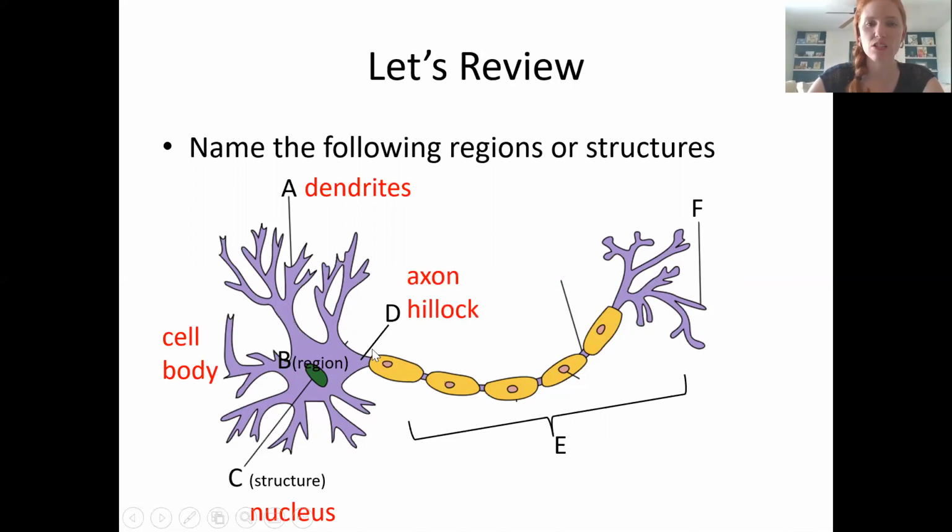That's called the axon hillock. So if this is the axon hillock, this must be the axon. And then the very, very ends of the axons are called axon terminals. Okay, so remember, dendrites are short and the axons are longer because they're for sending information away.